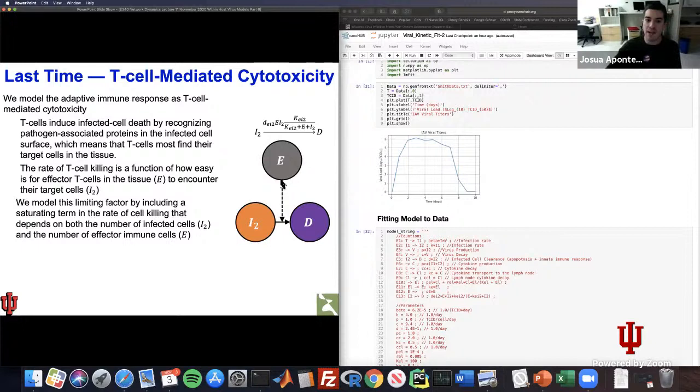See how the model behaves when, instead of effector cells just killing the late infected cells, they could potentially also kill the early infected ones.